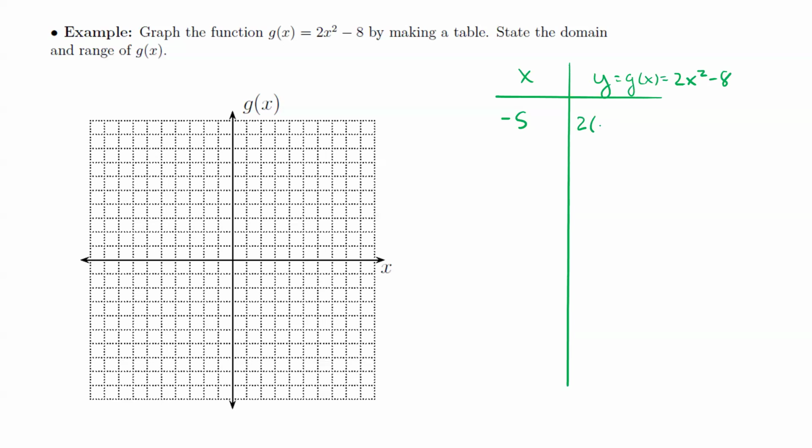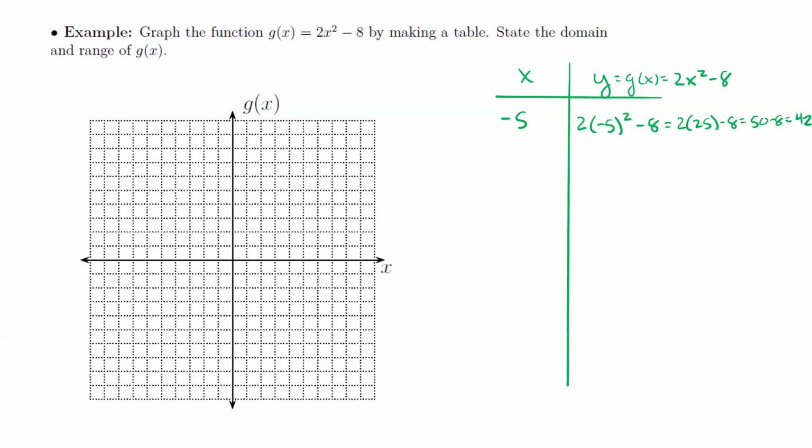So if I did 2 times negative 5 squared minus 8, I'd get 2 times 25, right? Positive 25 minus 8, which would be 50 minus 8, which would be 42. Okay, so if I went out to x equals negative 5, that would mean I'd have to go up to y equals 42. Well, that might be correct, but it's not very useful for sketching the graph.